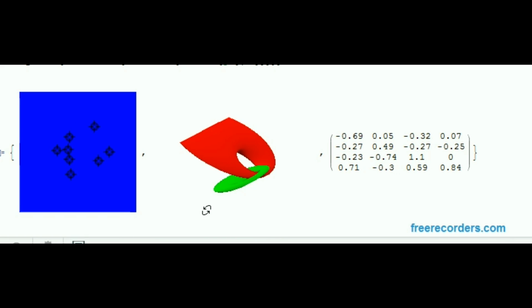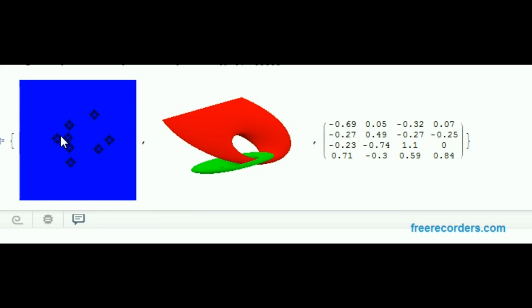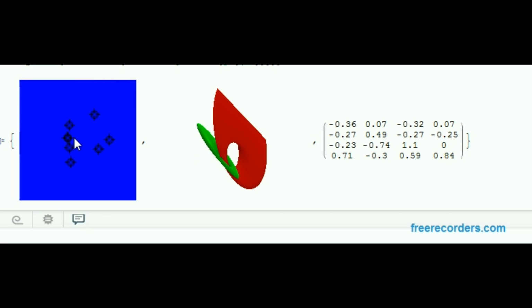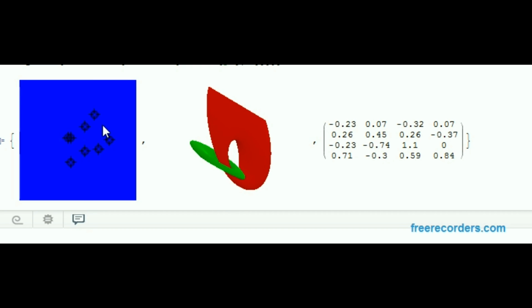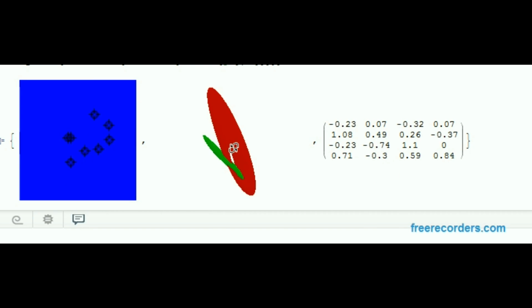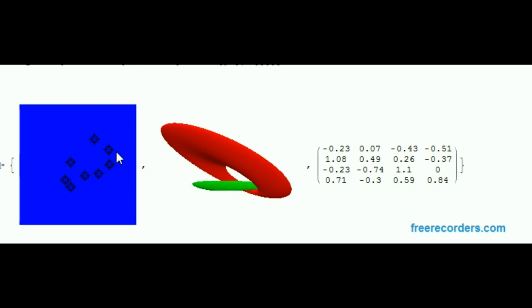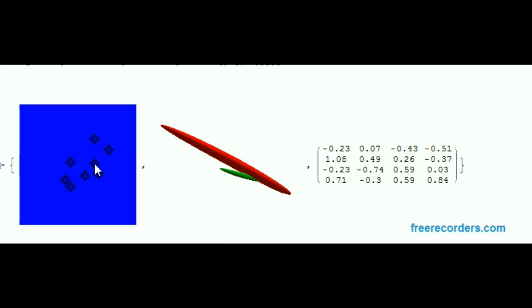And so as I drag these different markers around on this blue slider, we see these rings deform as different homographies get performed on them. So you'll notice that a wide range of different distortions can be performed by homographies, and for that reason they're quite frequently used in computer graphics.